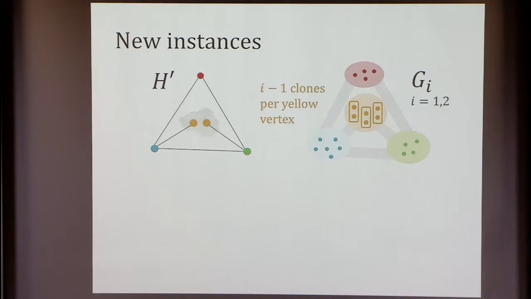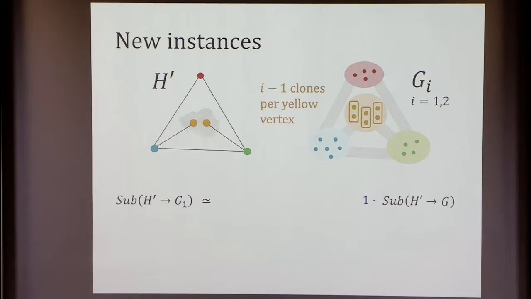If H prime is obtained by exploding this yellow vertex, then Gi for i equals 1 and 2 is a graph that you get by just adding i minus 1 clones for each yellow vertex. And you can see that if you count H prime in G1, then you actually just count H prime in G, because G1 is just G.